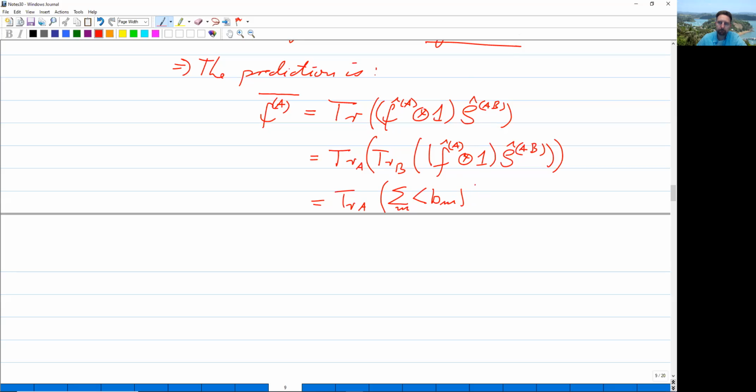And then f hat A tensor the identity, rho hat AB, that's our operator, and then we have the BM. Okay, so we worked out what the trace actually is here.